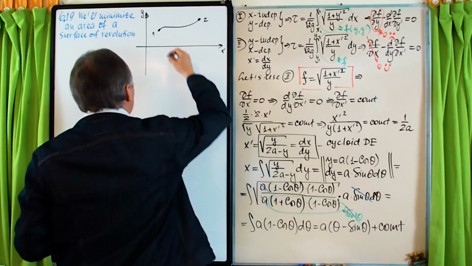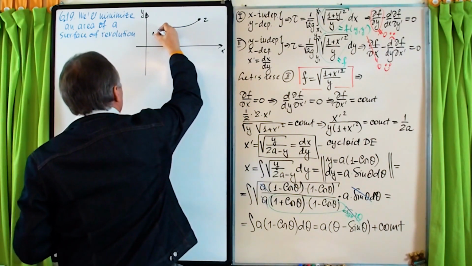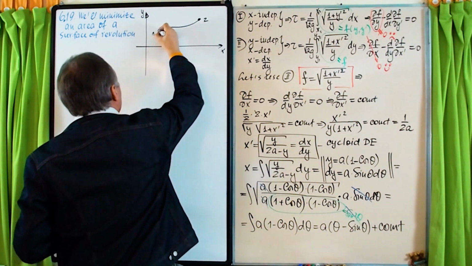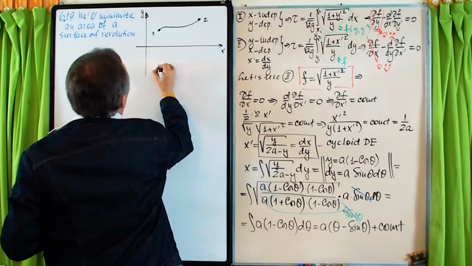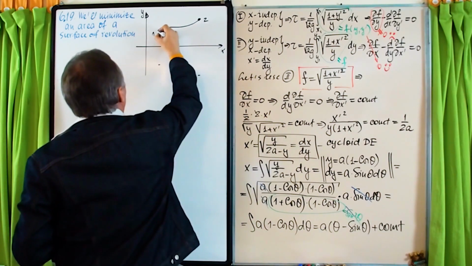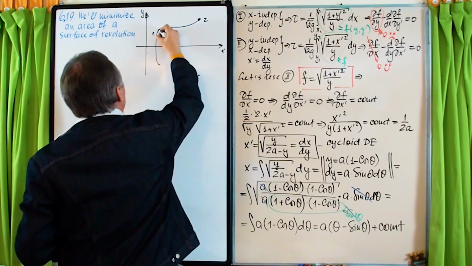Okay, so let's draw the surface of revolution with this arbitrary y of x. Right, so it will be approximately here. That point will be there. So, right.